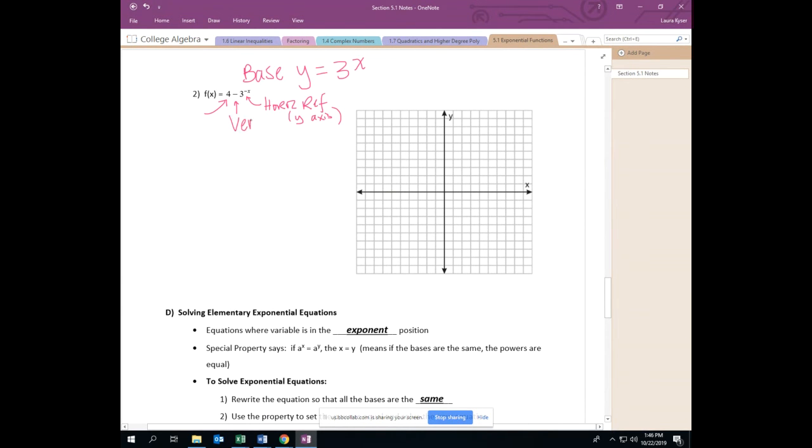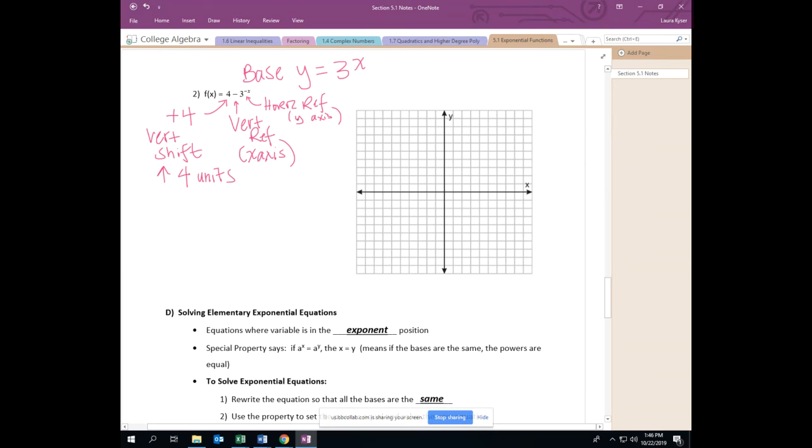So this is a vertical reflection, and that's over the x-axis, causing this thing to flip upside down. So we're upside down and backwards. And then also this positive 4 is a vertical shift up 4 units.